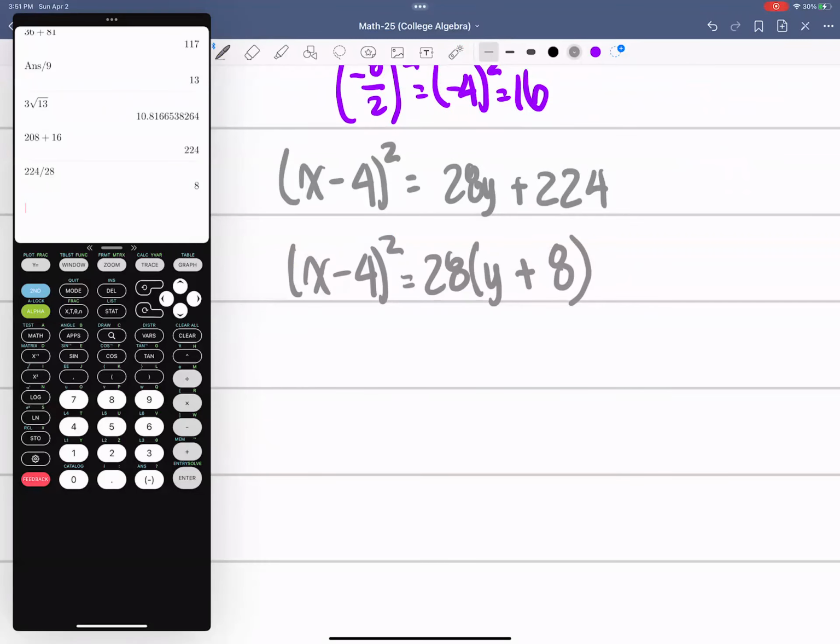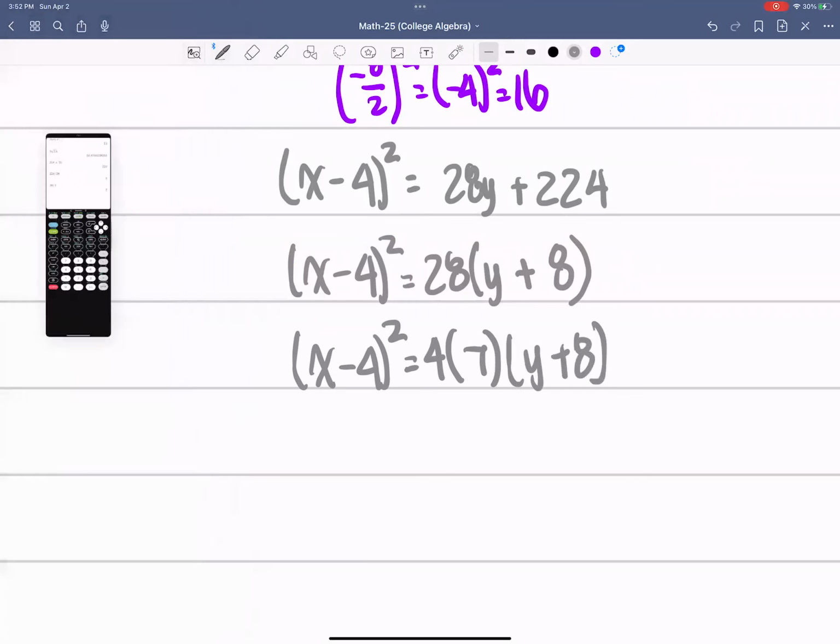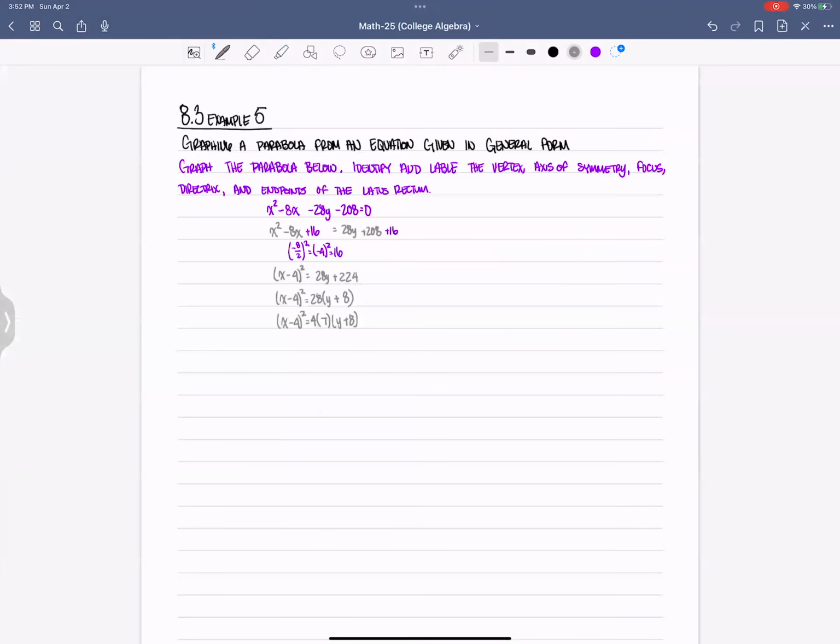And lastly, to get it in our proper form, let's factor out 4 so we can figure out what p is. x minus 4 squared is equal to 4 times p, so we have our 28 divided by 4. That's 7, y plus 8. All right, looks good. So now from here, we can find everything that they want us to find.